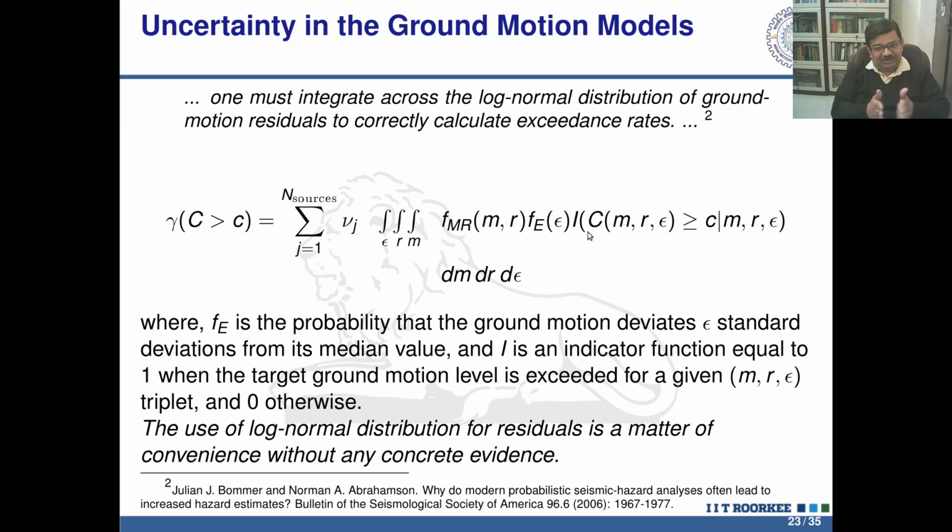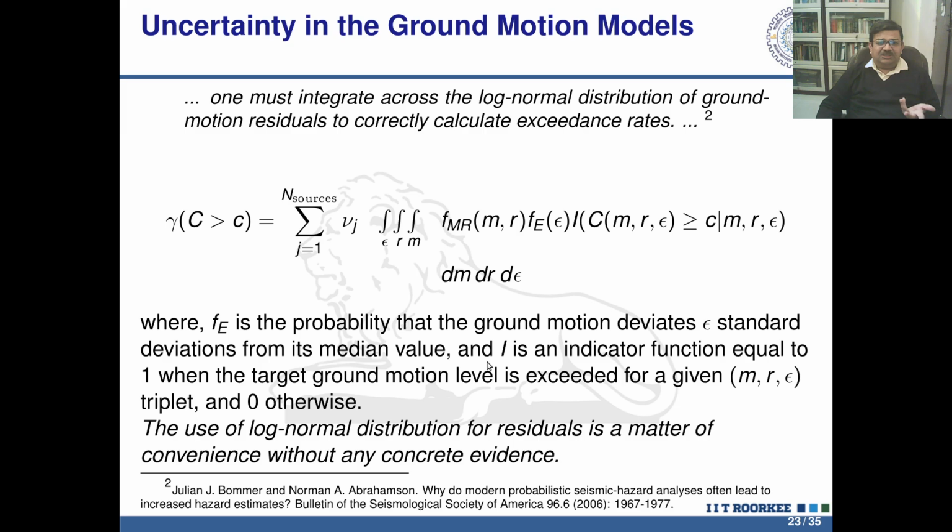As I said, some magnitude distance combination for some epsilon will always cross the chosen threshold, and if that happens, this takes value 1, otherwise it is 0. So effectively, all magnitude distance combinations for some epsilon will contribute. But so far, so mathematically perfectly fine.